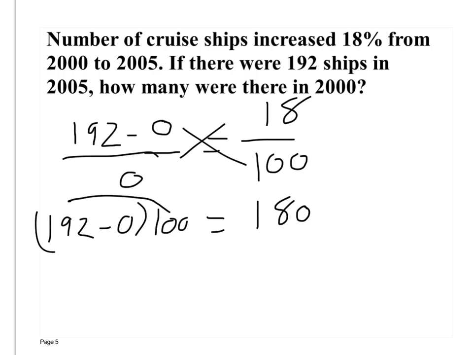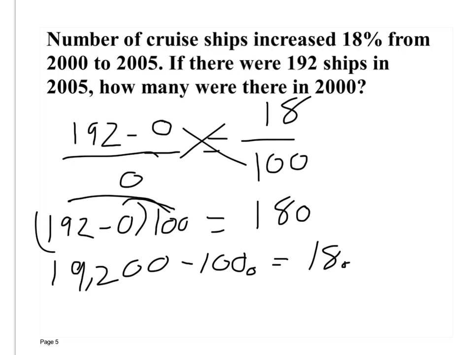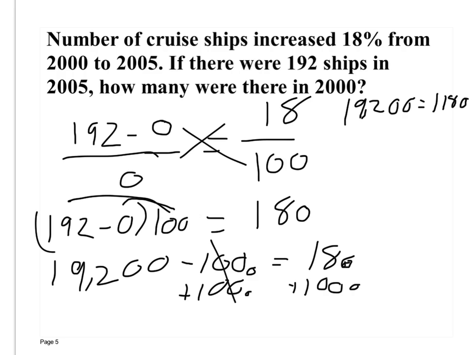All right, so we distribute that out. 192 times 100 is 19,200 minus 100 O is still equal to 18 O. Then we try and get 100 O to the other side, so we add 100 O. Then we have 19,200 is equal to 118 O. So then we divide by 118 on both sides.